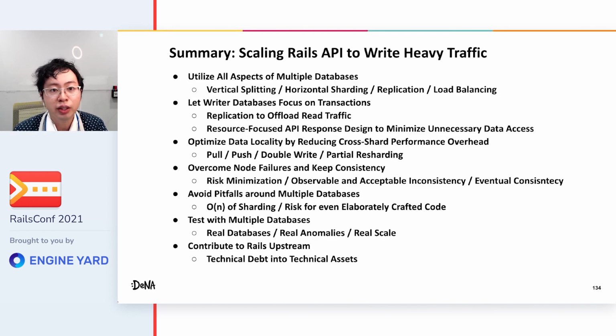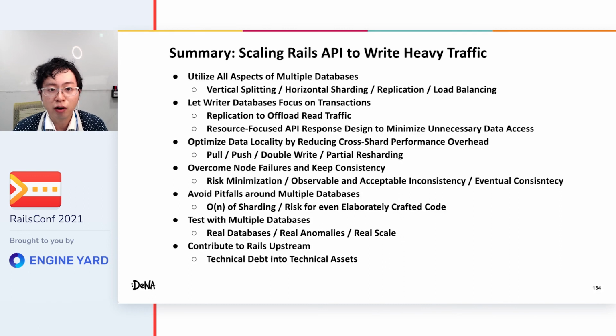After that, we introduced practically acceptable and scalable consistency. It consists of risk minimization, observable and acceptable inconsistency, and eventual consistency. We also learned some pitfalls and risks even for elaborately crafted code. Therefore, we recommend testing with multiple databases.